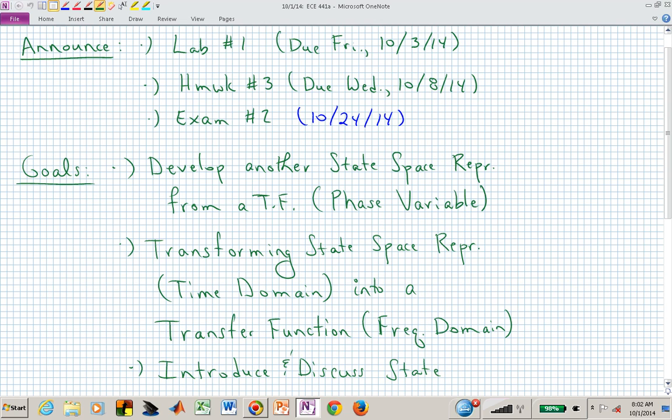We'll start building on that system in lab number 2. You need to figure out your parameters, your damping coefficient, B, your spring constant, K, and your hardware gain, K sub HW. That's basically what's collected on that first sheet for lab number 1.